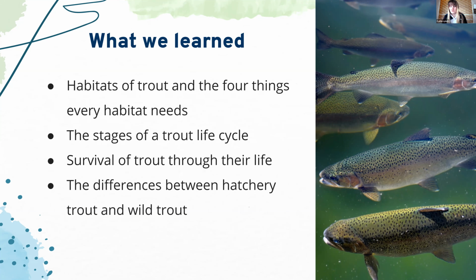Those are really important things to remember going forward, because we'll be talking about fishing and also the predators and what they eat and lots of different things in future lessons. So this is a really important first lesson to understand what our trout need to survive, and also to know what exactly their habitat's going to consist of.